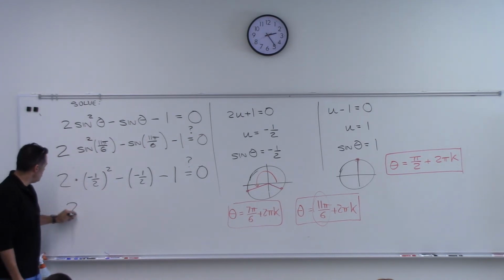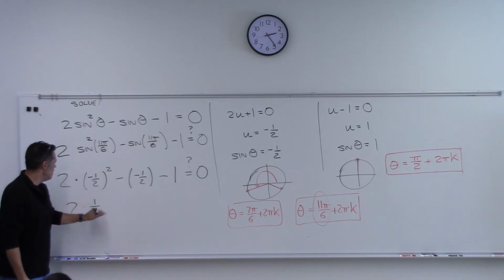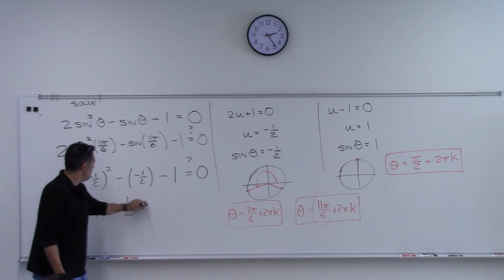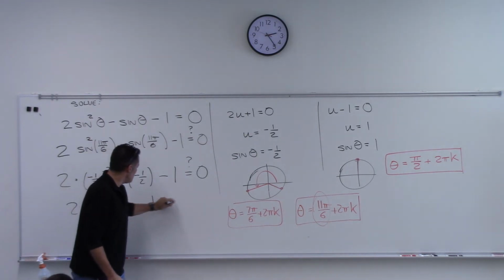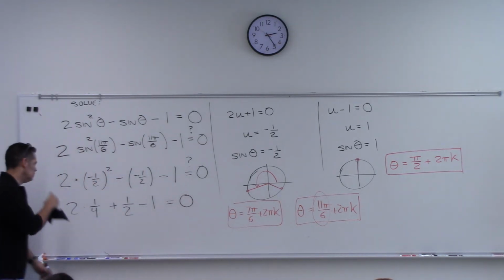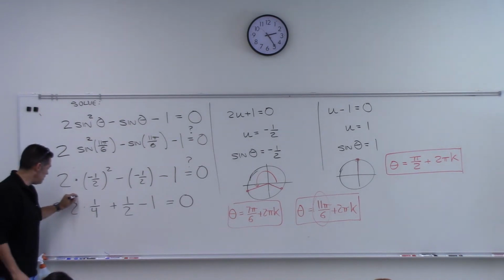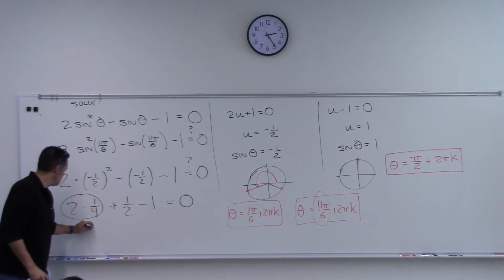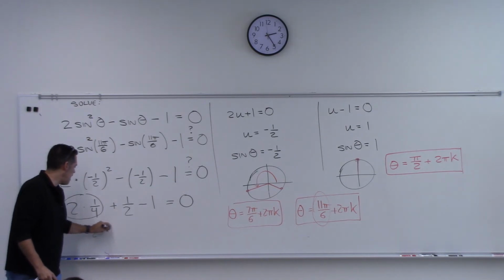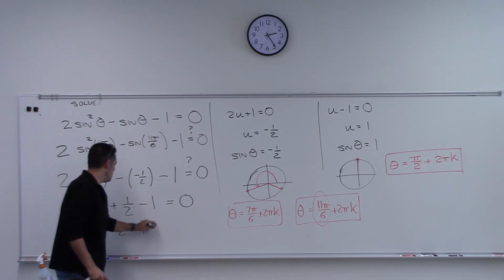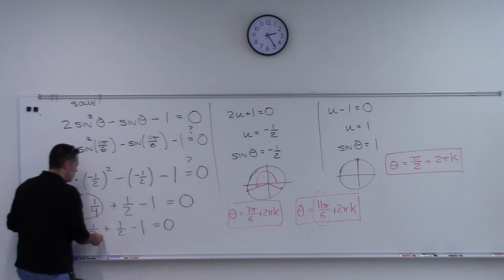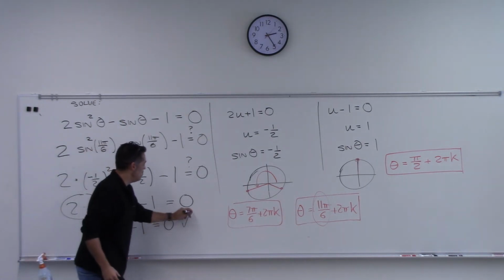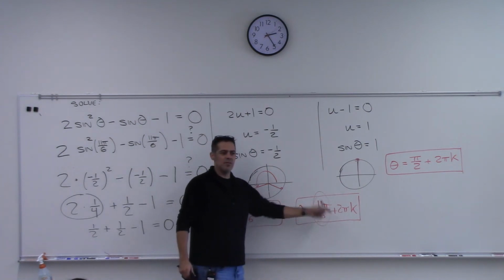So this is 2 times 1/4. Minus minus is plus. Plus a half minus 1 equals 0. 2 over 4 is a half, plus a half, minus 1 equals 0. A half plus a half is 1. 1 minus 1 is 0. Checks. That's one of the infinite number of solutions to this equation.